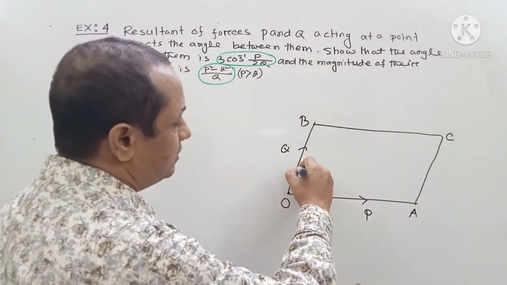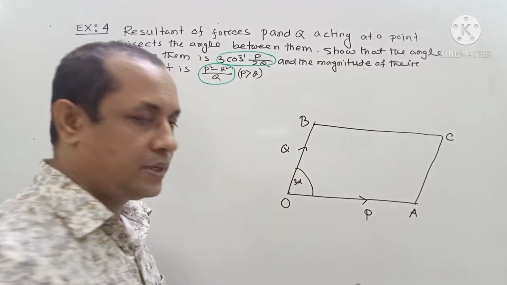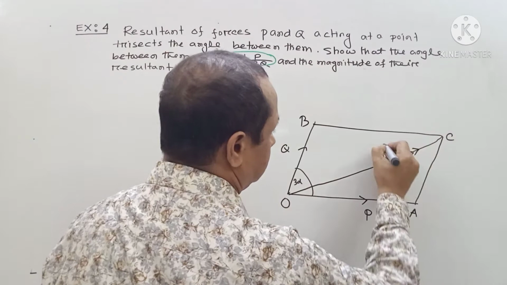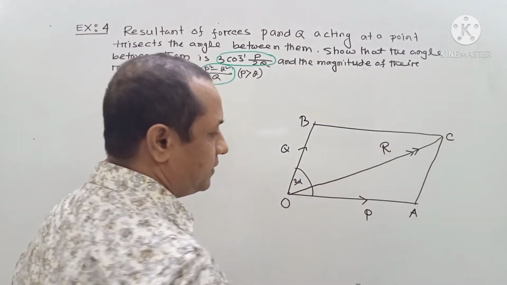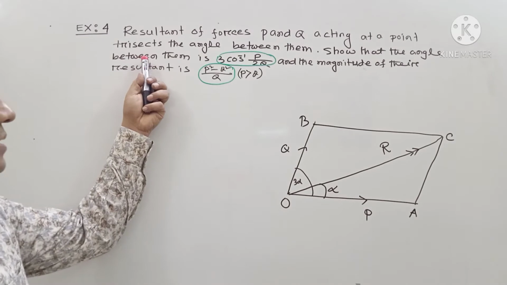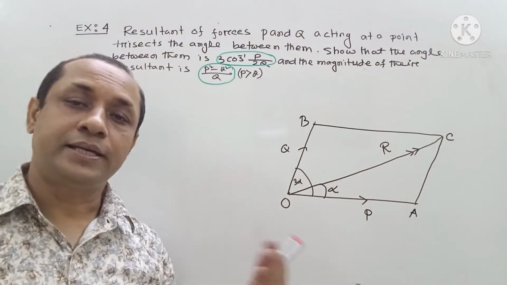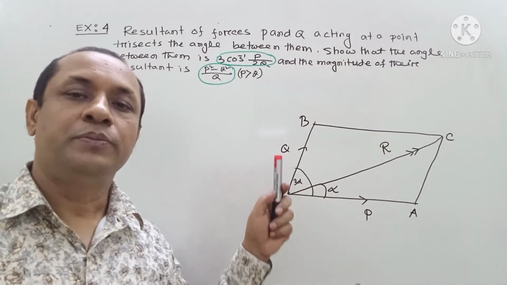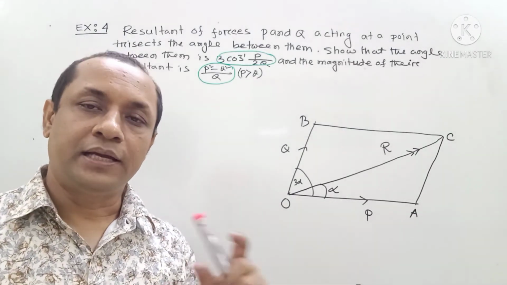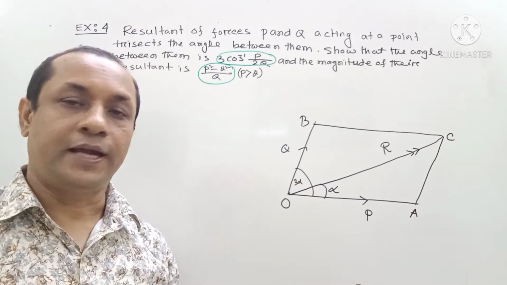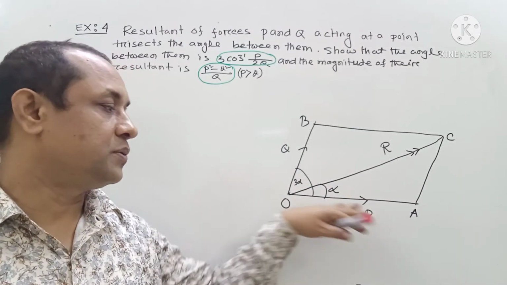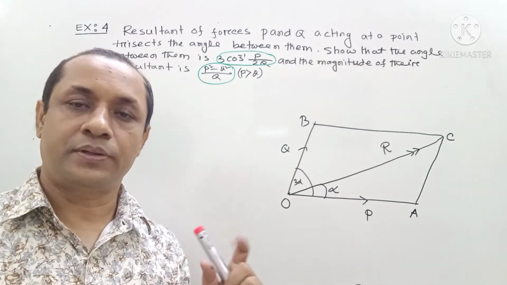Let the angle between the two forces be 3 alpha, and their resultant force acts at the point O along OC, which makes an angle alpha with OA, because it trisects the angle between them. It is according to the conditions.